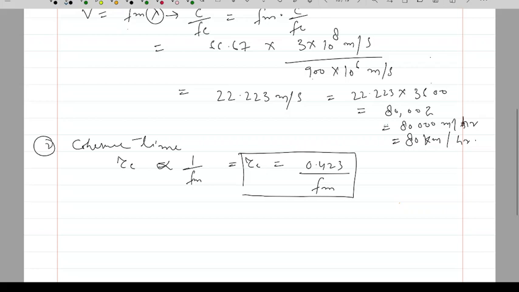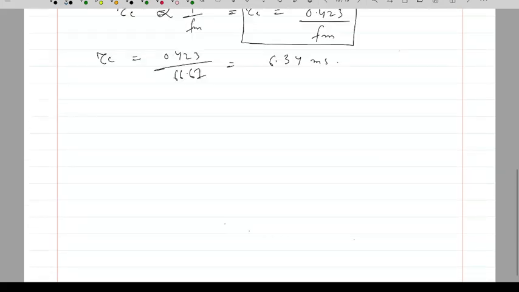Here we will simply substitute the value, 0.423 divided by 66.67, and then we will get 6.34 millisecond. So this much coherence time is there when the Doppler shift is 66.67 hertz. So 6.34 millisecond coherence time means for this much time the channel frequency response will be flat.